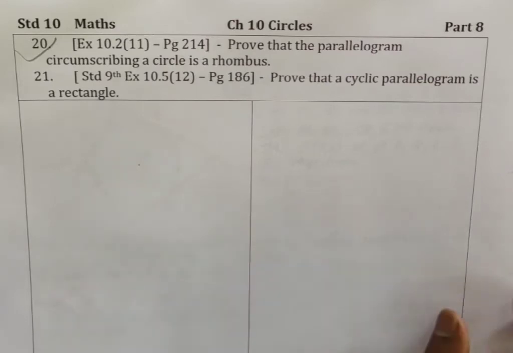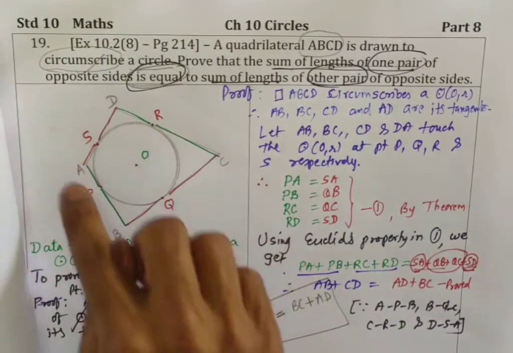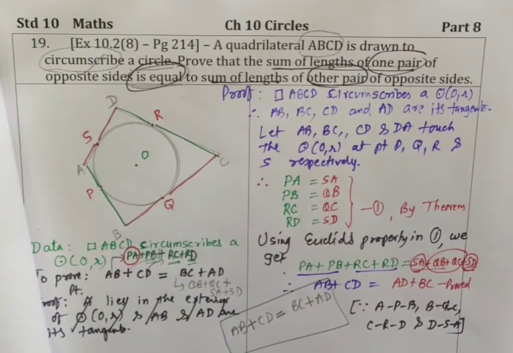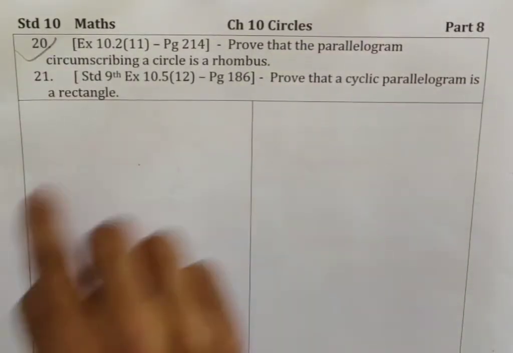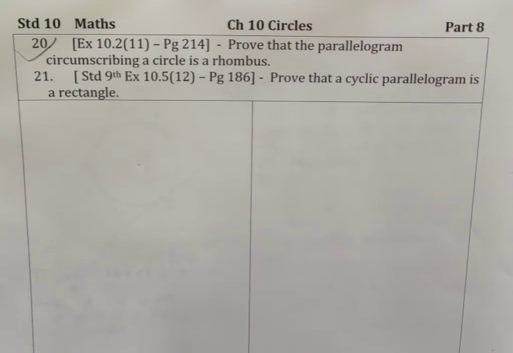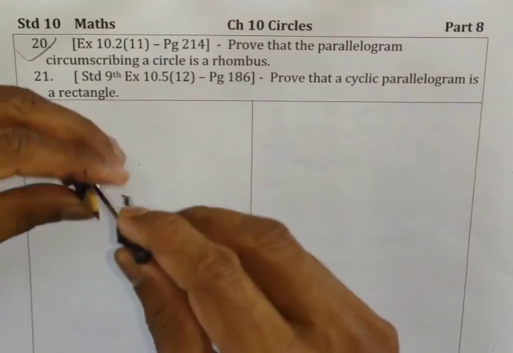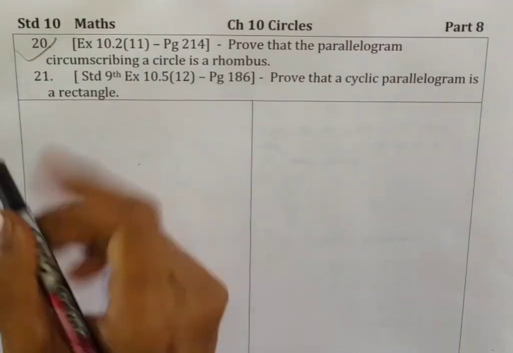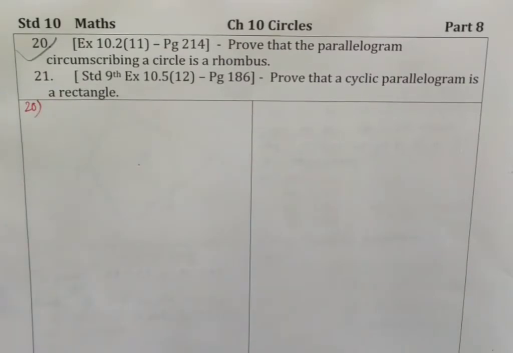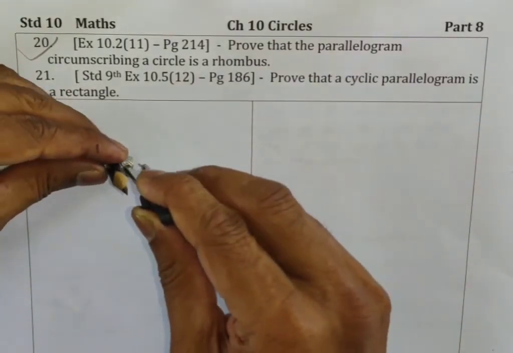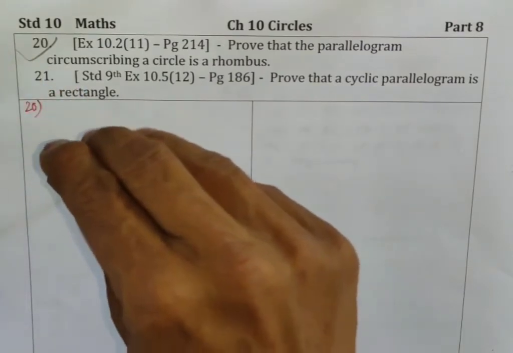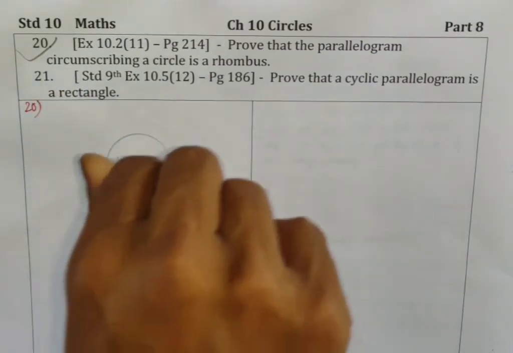Children, we saw here a quadrilateral circumscribing a circle. Now we have to draw a parallelogram circumscribing a circle. Correct? So you have to take care when you draw that parallelogram. This is number 20. Alright. Let me draw a circle. I am drawing a small circle because I have to circumscribe a quadrilateral.